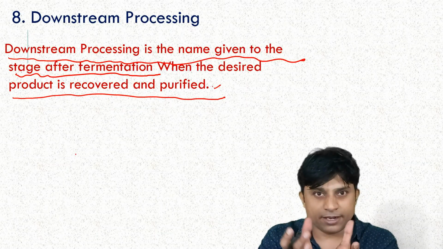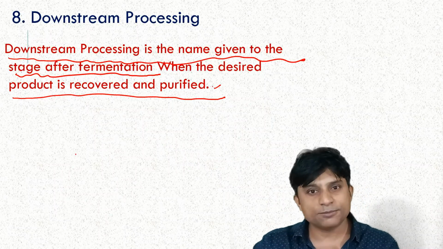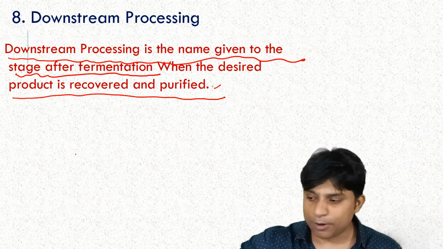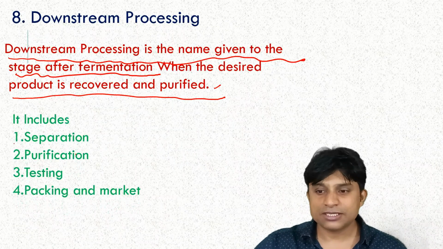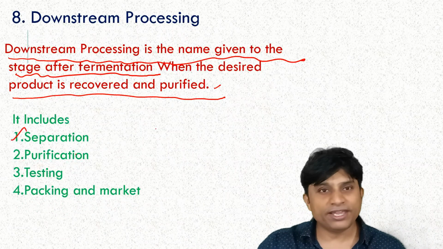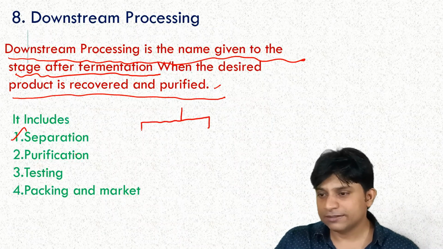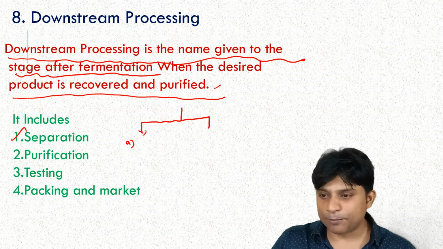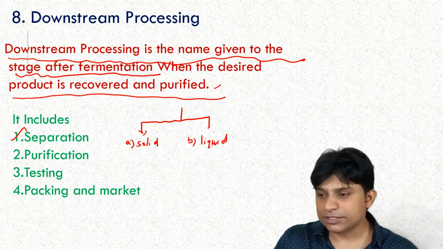So our container, that means our bioreactor, contains our gene product, microorganisms and everything. This downstream process involves a few events. First is separation, so we get two products: one is solid and the second is liquid.